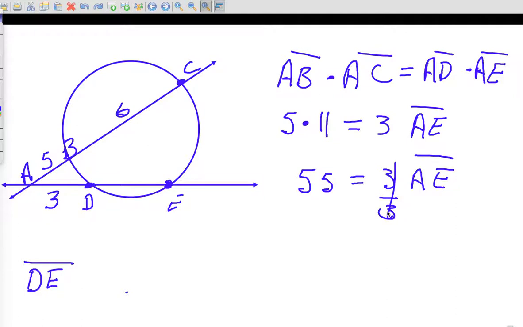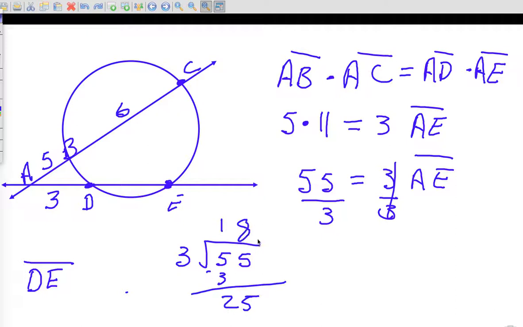Divide both sides by 3. 3 goes into 55 18 and 1/3 times, or 18.33. So this entire piece is 18.33, which makes this piece 15.33. I just subtracted 3 to determine this side here.